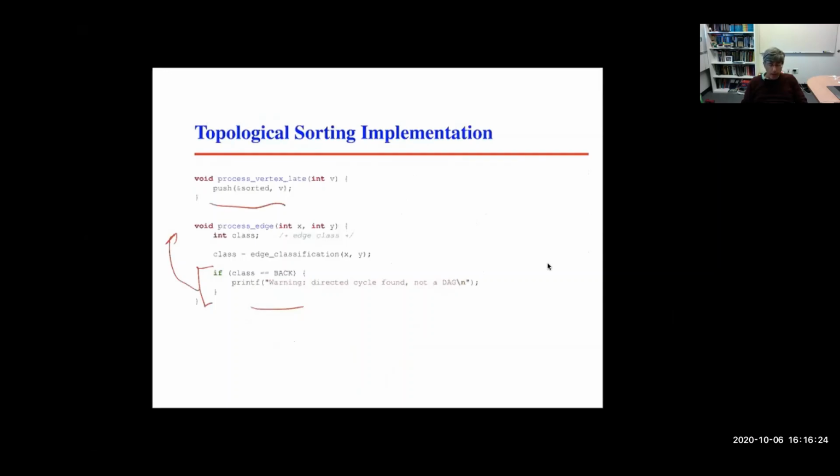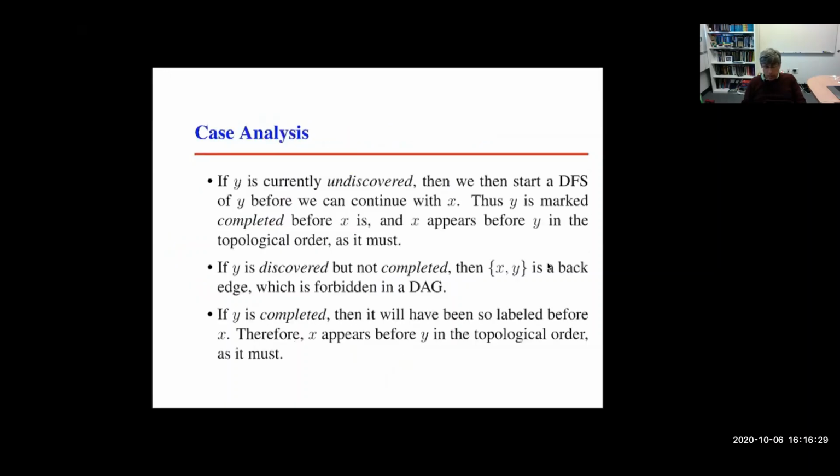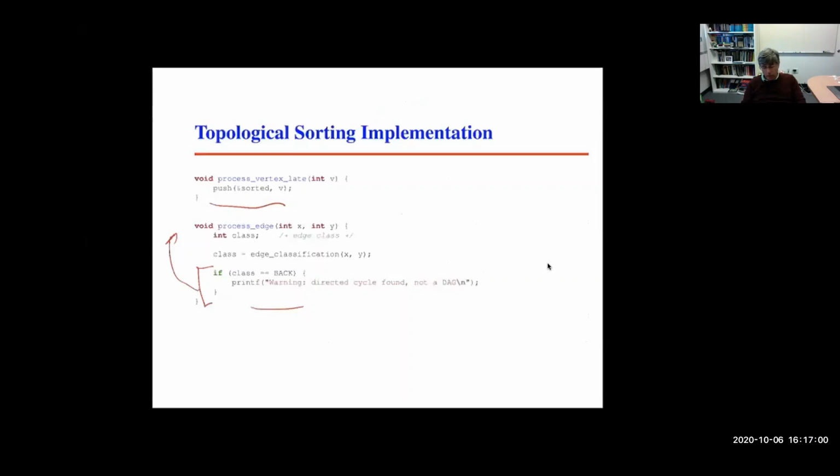And the claim is that if we take the vertices in reverse order of finishing time, this vertex is finished first, second, third, fourth. If we put them in reverse order of finishing time, that will create a topological order, okay?